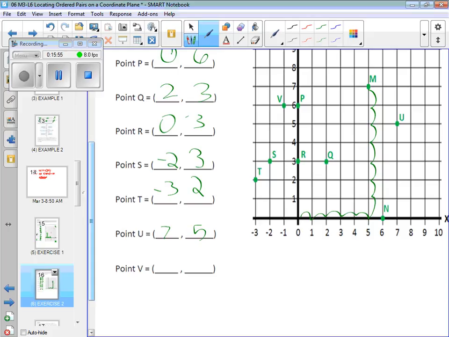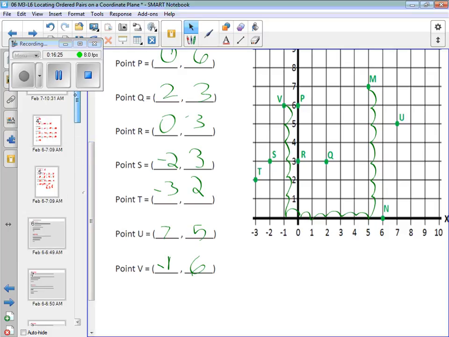Where is V? Oh, I see it. Yeah, you're good. You didn't go down 6. You went up. Up is always positive. Negative 1, 6. Good. Yeah, let me lay out what you guys are doing, though, before you begin.